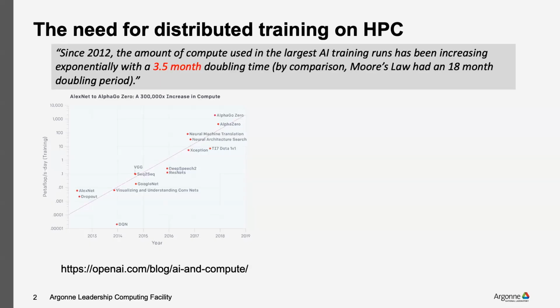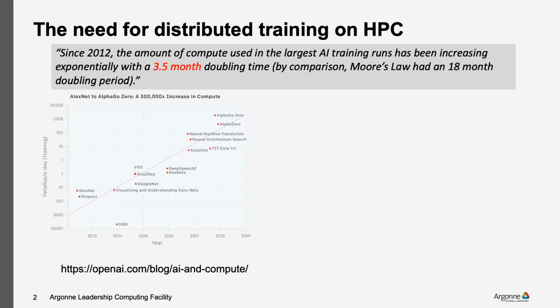And of course, there's a need for distributed training because the models become larger and larger, and the amount of compute involved in the model grows exponentially. There's a plot by OpenAI. Usually, as I say in my talk, every 3.5 months the amount of compute used for training AI models doubles.